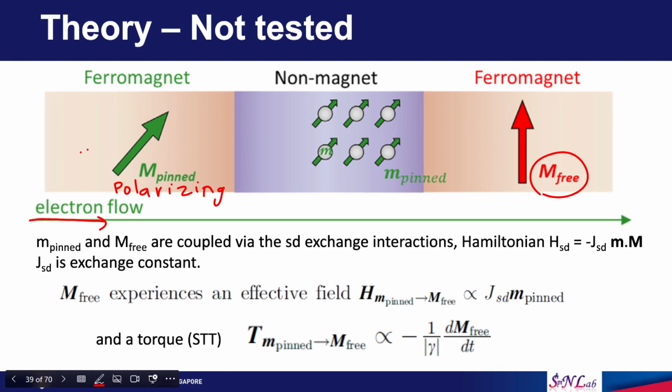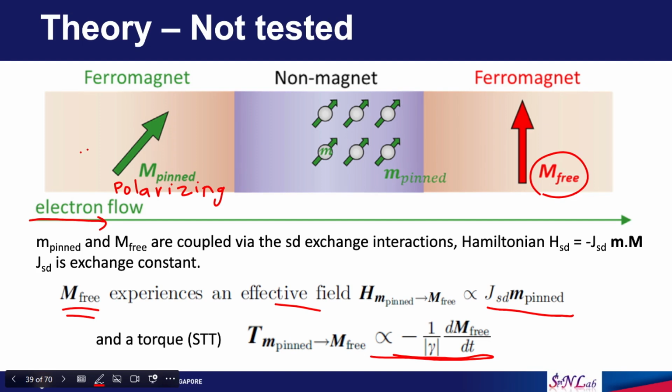So the electrons which are in the same direction as the magnetization go through to the other side. When these electrons go to the other side, this free layer magnetization will experience one effective field given by this term, and it will also experience a torque given by this formula.